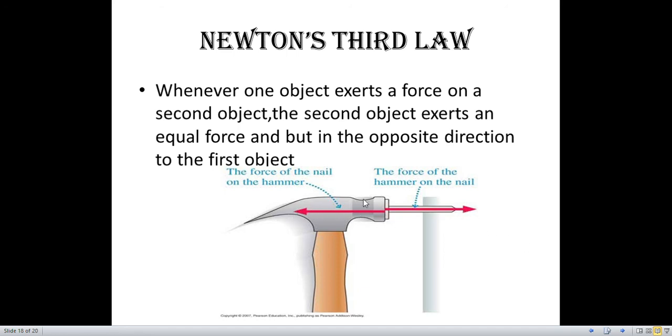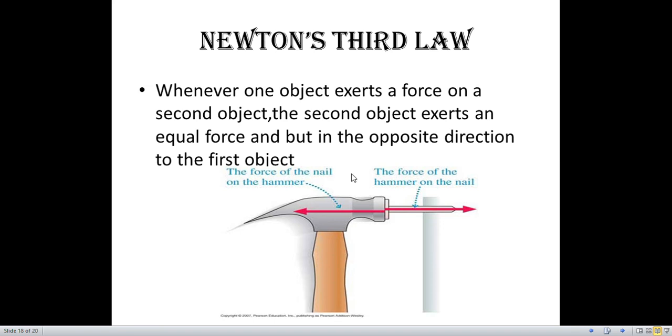This is the force applied by the hammer pounding the nail inside, and this is the force applied by the nail in the opposite direction, exerted on your hammer. That's your Newton's third law. You've done this in grade 10. This is just revision.